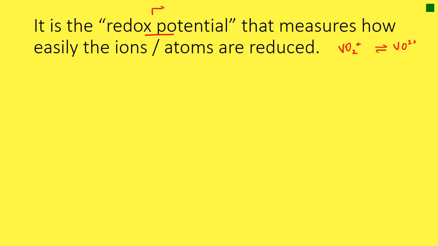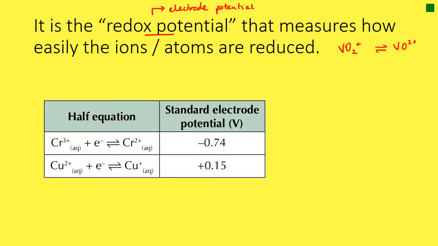And you're familiar with redox potentials already, but you know them by the term electrode potential. And they're the same thing. So the electrode potential, or the redox potential, tells you how easily the ions are reduced to a lower oxidation state.